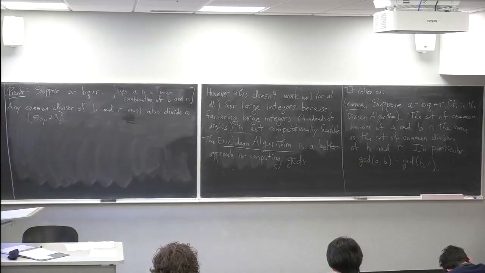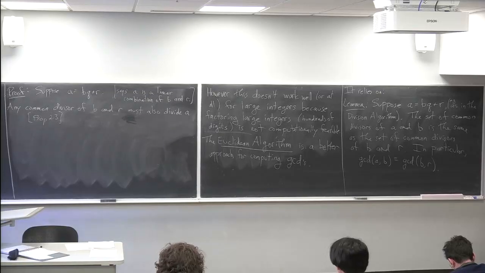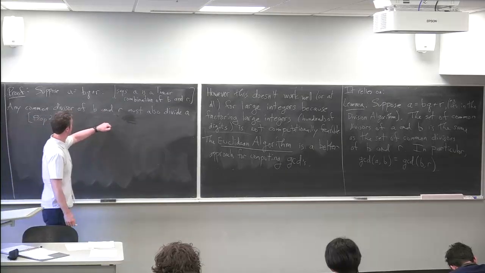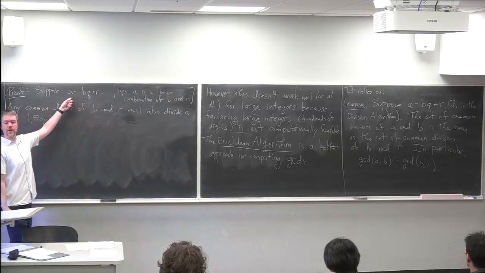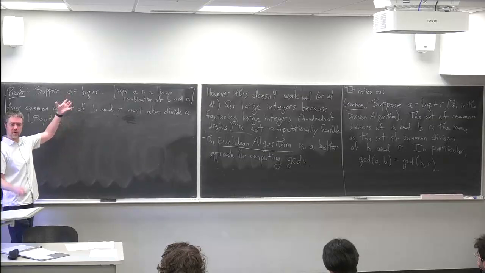But this is something we proved early on. It said that whenever you have a divisor of two integers, it divides any linear combination of them. We already proved that result, we're just applying it here. So once you have something that divides B and R, it must divide A because of this equation. And you already know it divides B, so now you know it divides both A and B.